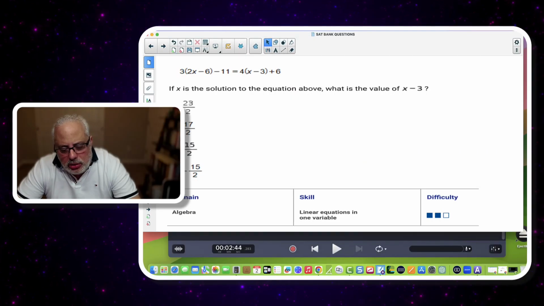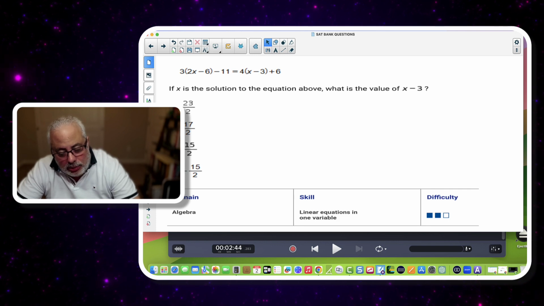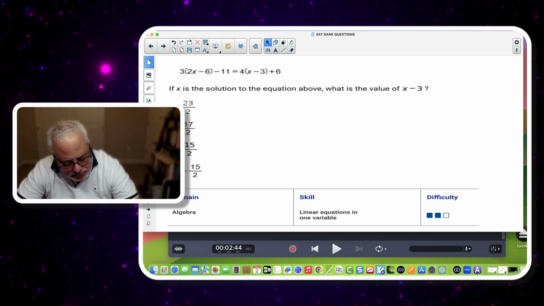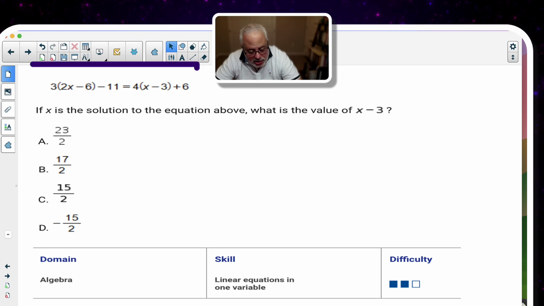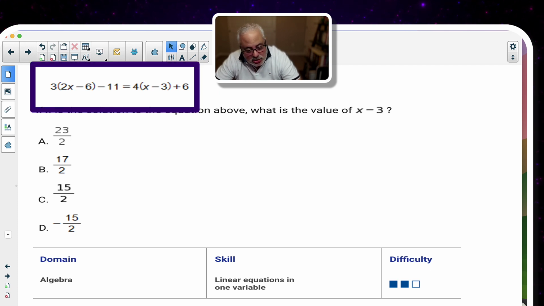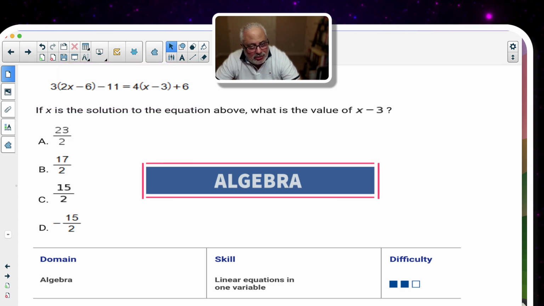Look at this question, the same domain, the same skill, but the level of difficulty increased. Okay, 2 bars out of 3. We have this equation with parentheses, variables on each side. They said if x is the solution to the equations above, what is the value of x minus 3? So we are forced to find the x.